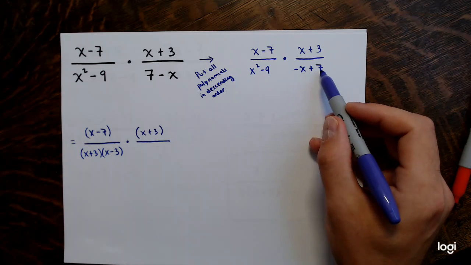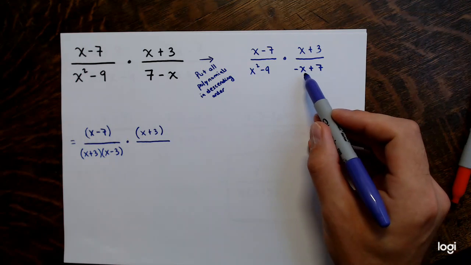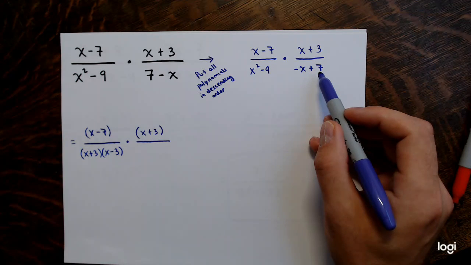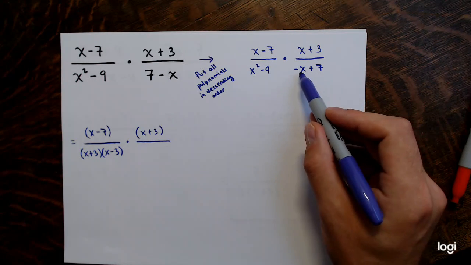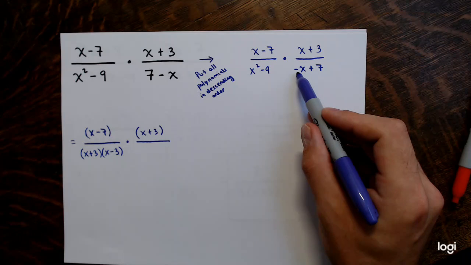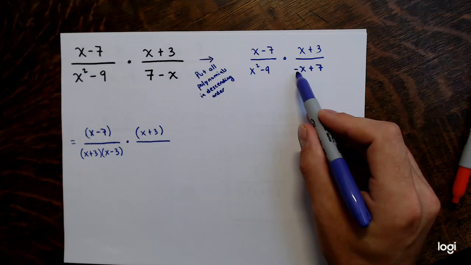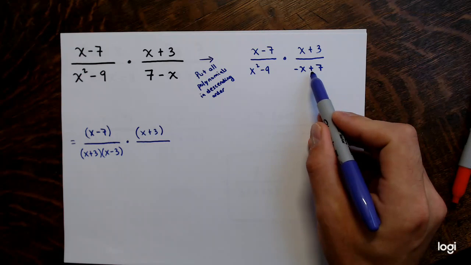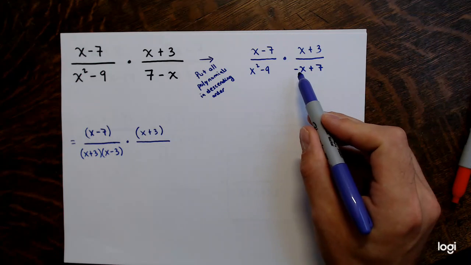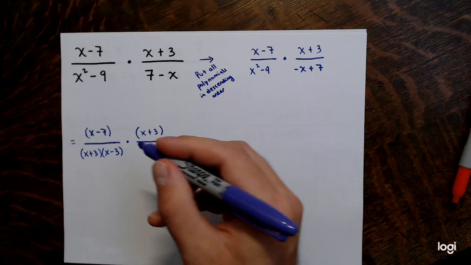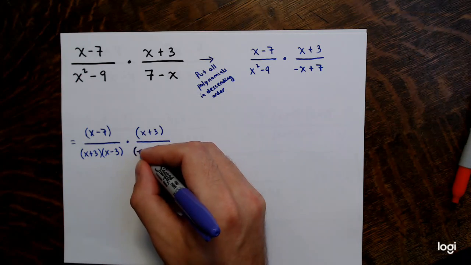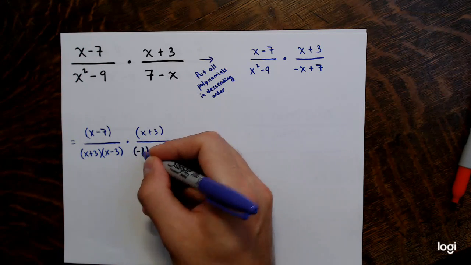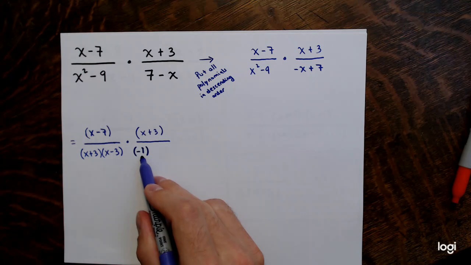Alright, now the denominator. Now I know the greatest common factor of negative x and positive 7 is 1, but the lead coefficient is negative, and if you've seen other videos of mine, you know that when my lead coefficient is negative, I like to pull out the opposite or negative greatest common factor. So the greatest common factor of these two terms is 1. I'm going to pull out negative 1. In fact, I will put that in parentheses, negative 1, which you could have also just put a minus sign.